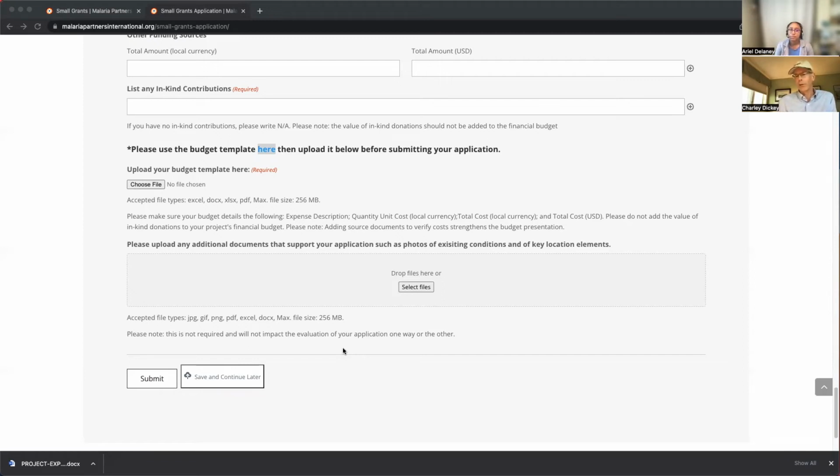One of the things, I don't know if you, Ariel, plan to discuss this, but one of the things that's important, in addition to obviously the economics of the project, is the need. And the need sometimes can't just be expressed in terms of, well, we need 1,000 bed nets, or we need 500 test kits. It needs to be expressed in terms of, what is malaria doing to this place? What is the prevalence rate? Is the problem that the hospital or the medical facility is receiving too many visits?